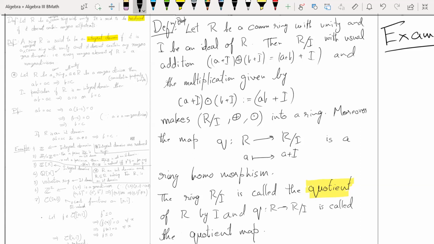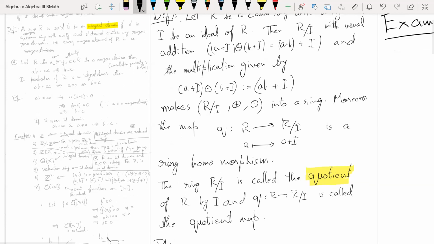Yeah, if I equals R, then it will be the 0 ring. Moreover, the map Q from R to R mod I is a surjective ring homomorphism.